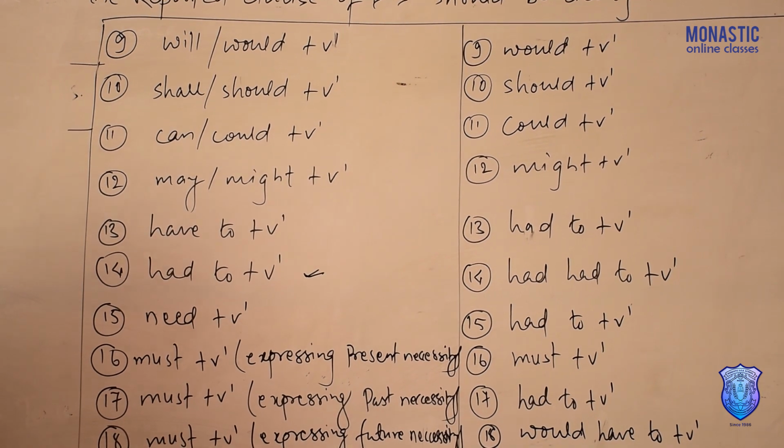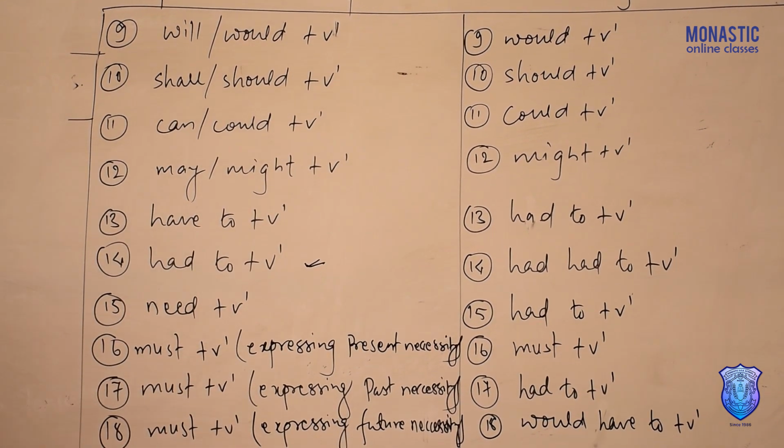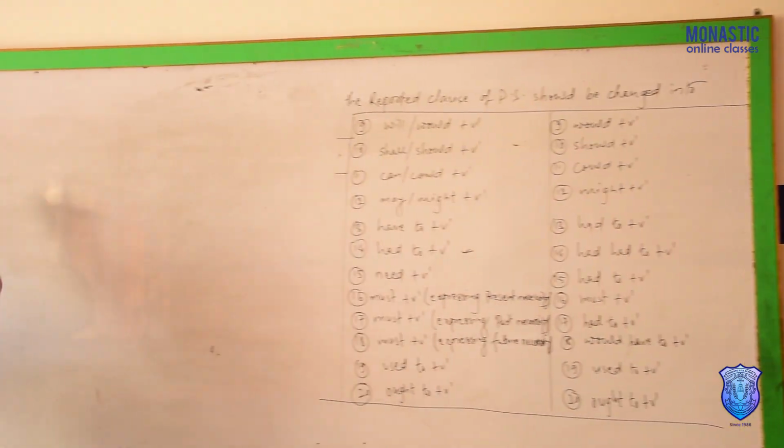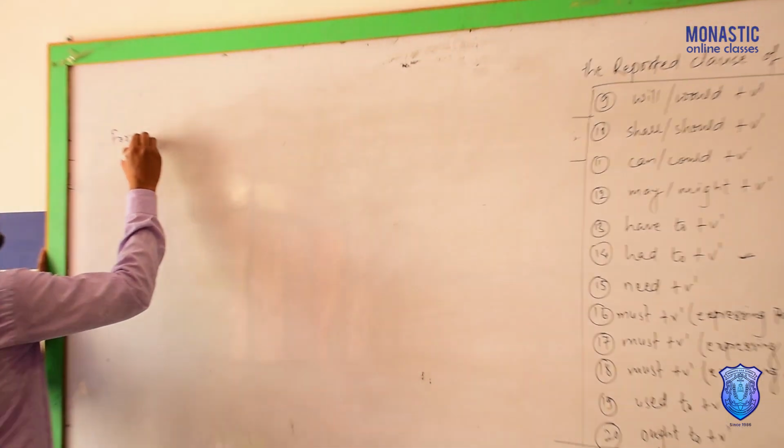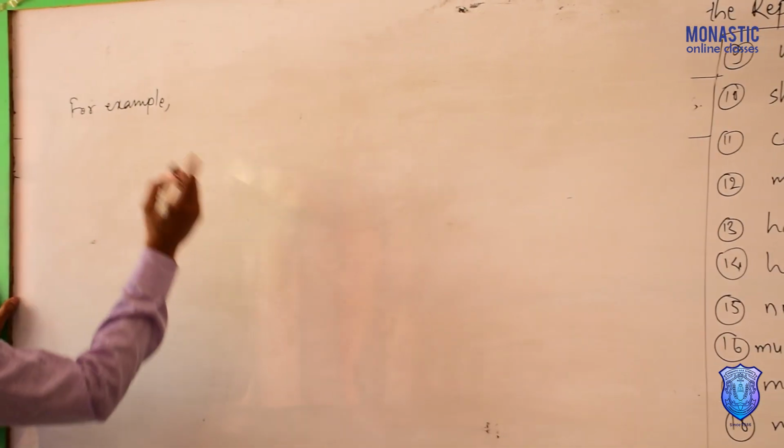You all know that have 2 plus b1 is the modalizing verb, used in compulsion. So I want to give you an example regarding the 40 number.